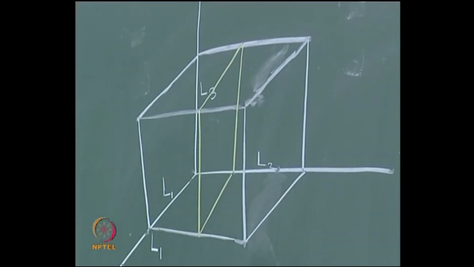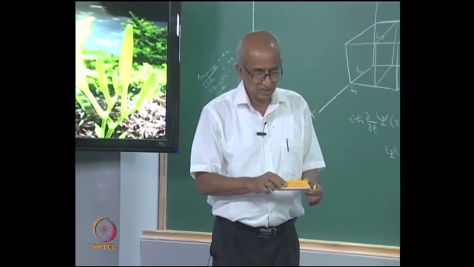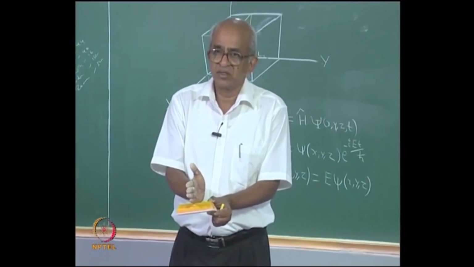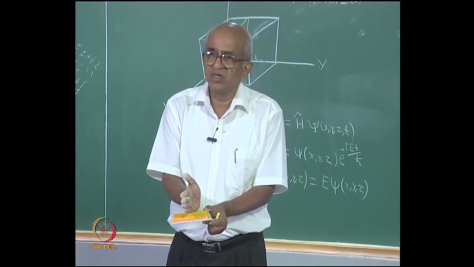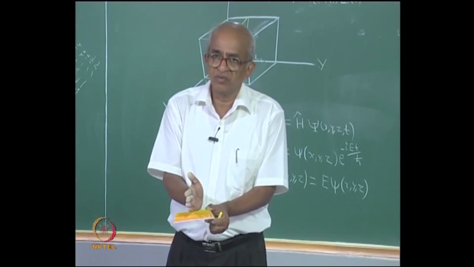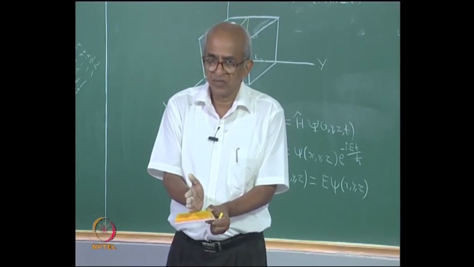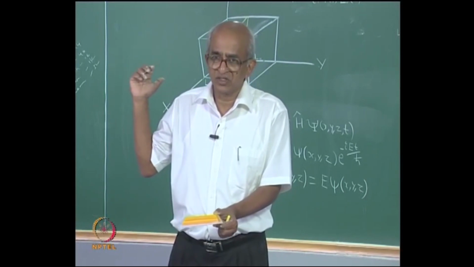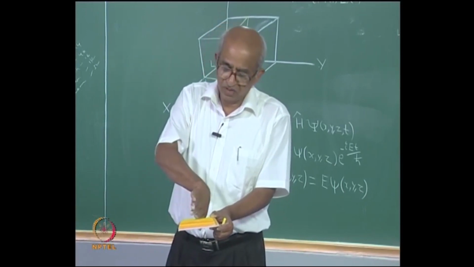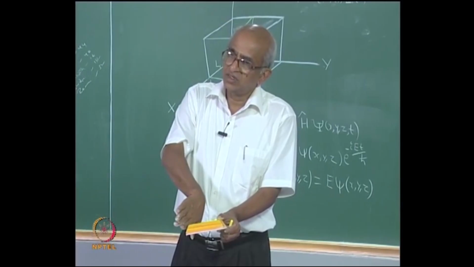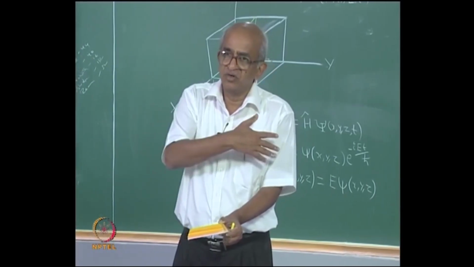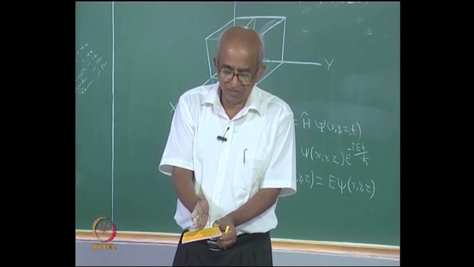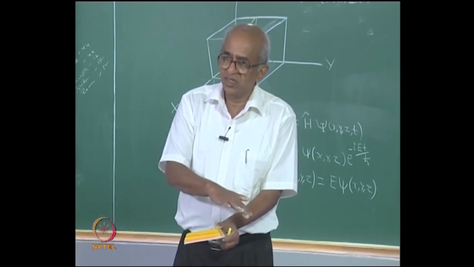Imagine this is your rectangular box, and this is the y direction. Anywhere on that plane you know that y is going to be equal to L by 2, and on that plane this wave function has to be 0. To this side of that plane the wave function will be positive.